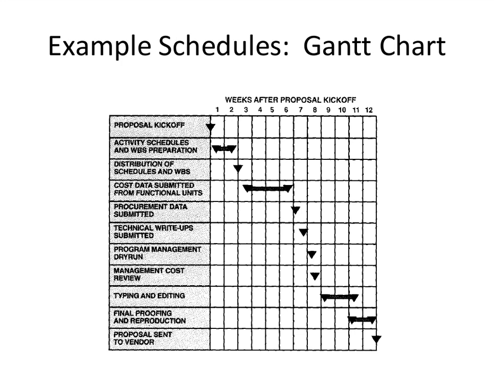What is it missing from the standpoint of what we've been talking about? So it maps out what's being done when on your project. That's pretty good. What is it missing? Dependencies. It doesn't tell you, okay, if you're delayed, for example, in this distribution of schedules and work breakdown schedule, how does that push things back? It can, though.